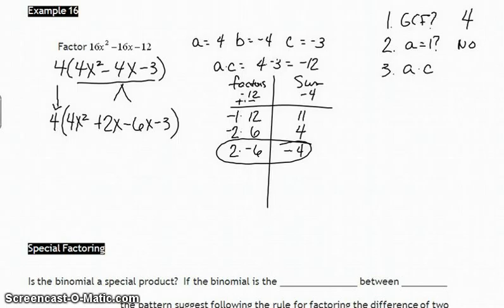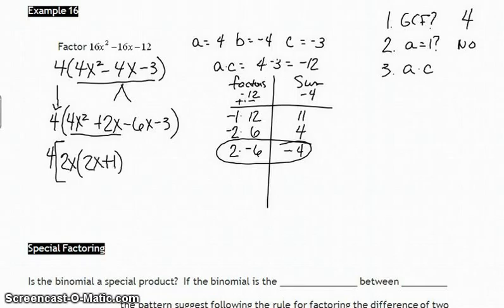And don't panic, yours might not look exactly like mine. You might have the minus 6x and 2x switched. Now we factor by grouping. 4 here, and I'm going to put a bracket out. The common factor between 4x squared and 2x, you should have determined was 2x, and then I'm left with 2x plus 1.